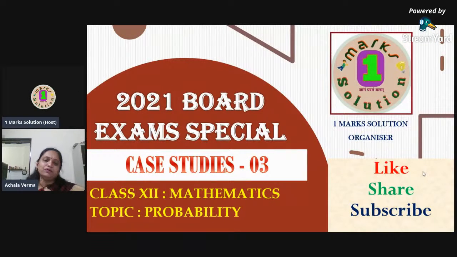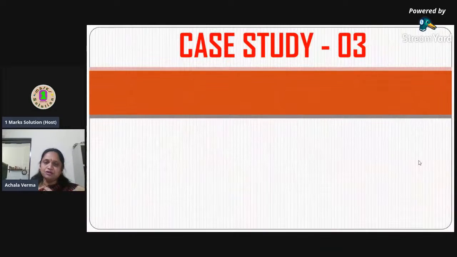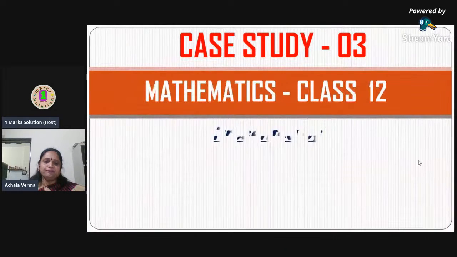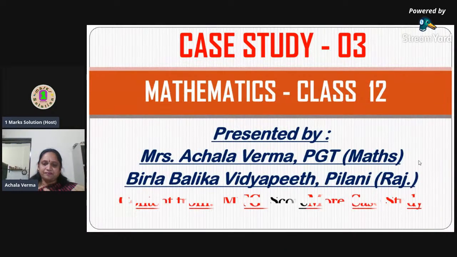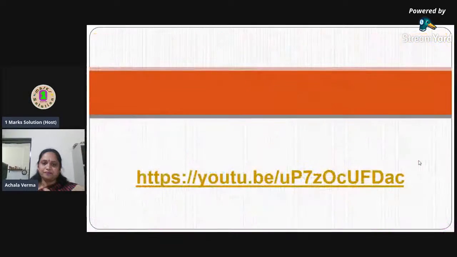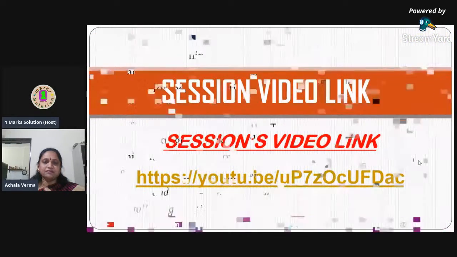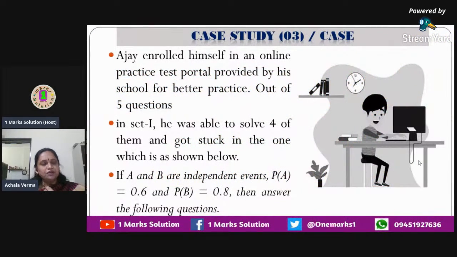Today, we'll be dealing with case study questions of probability, and I, Mrs. Achila Verma, PGT, Birla Balika Vidyapeeth, will be telling you about a very interesting question of probability today. The question says Ajay enrolled himself in an online practice test portal provided by his school for better practice.